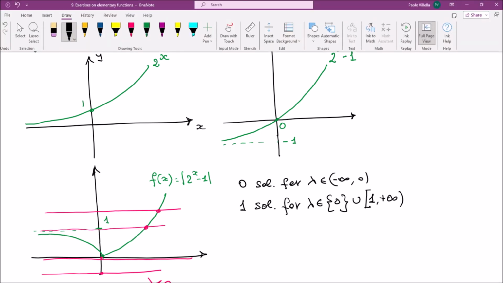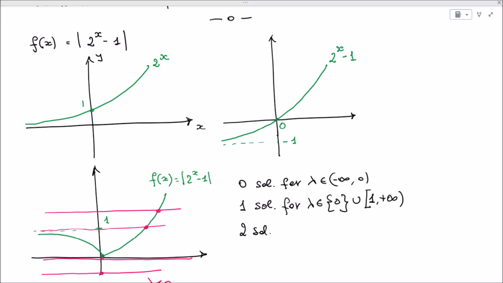Finally, we see that there will be two solutions for lambda that belongs to the interval 0, 1. Right, so this concludes the analysis.